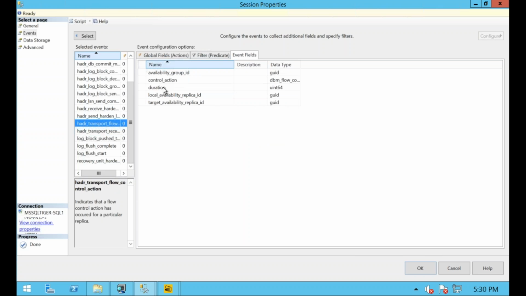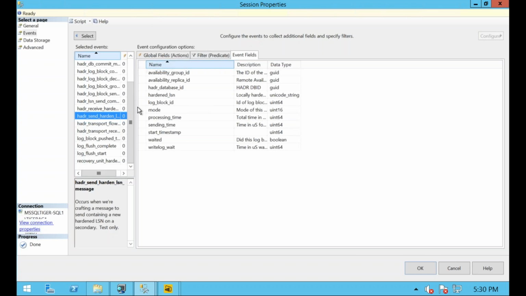How much time did it take to perform the transport flow control if a flow control kicks in, which in simple words is the throttling? How much time did it take to craft a message and send it over? So that's the processing time.